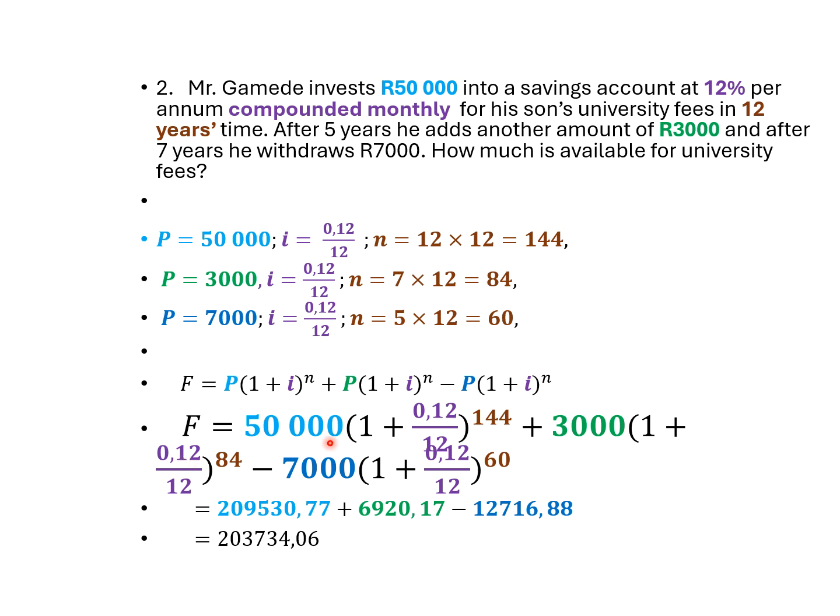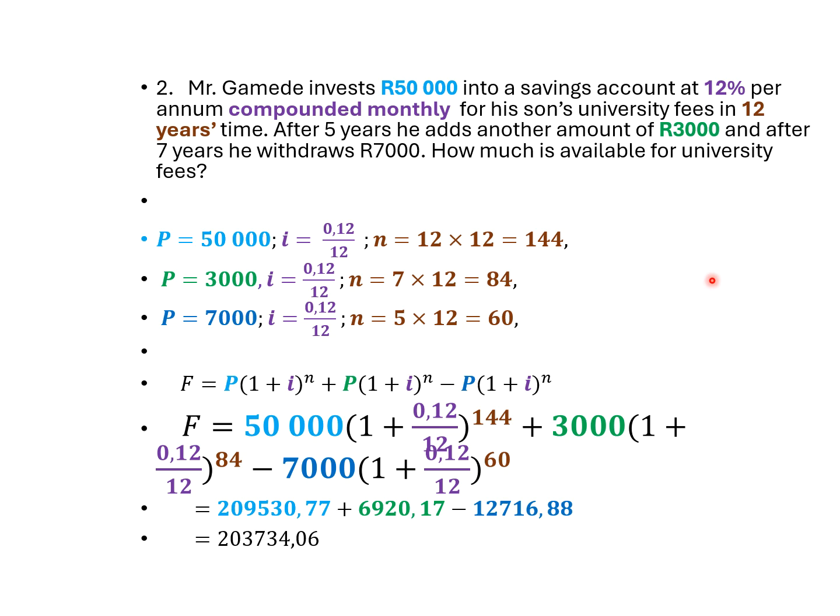So F equal 50,000(1 plus 0.12 over 12) to the power 144, plus 3,000(1 plus 0.12 over 12) to the power 84, minus the 7,000(1 plus 0.12 over 12) to the power 60, that 5 years I shouldn't be receiving interest. If I check the totals, that's what I get. And all in all, after 12 years, I would have 203,734 rand, 6 cents in my investment account.